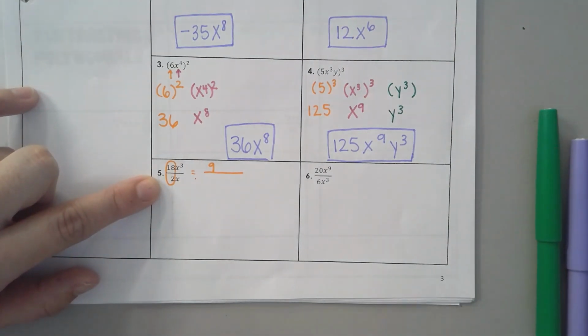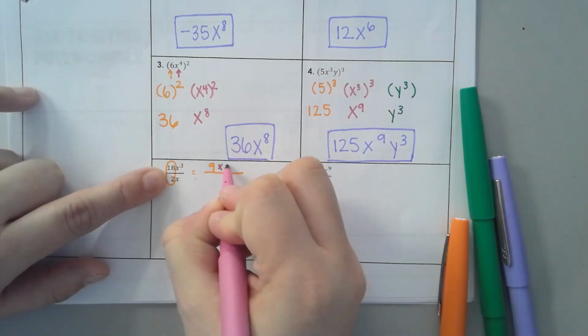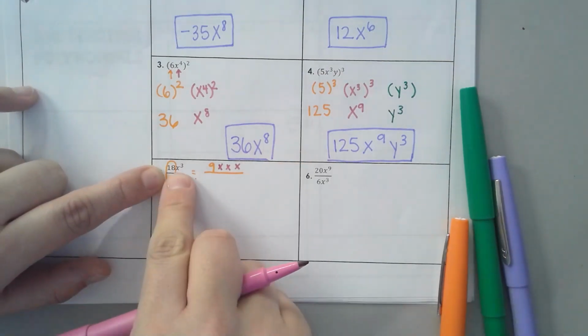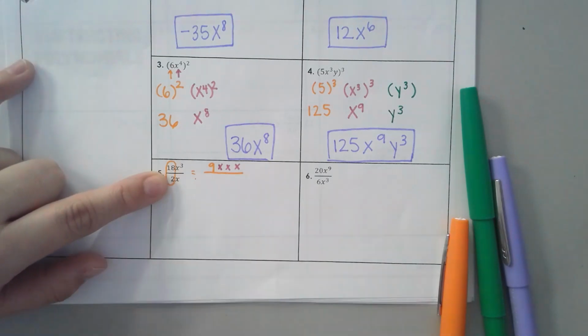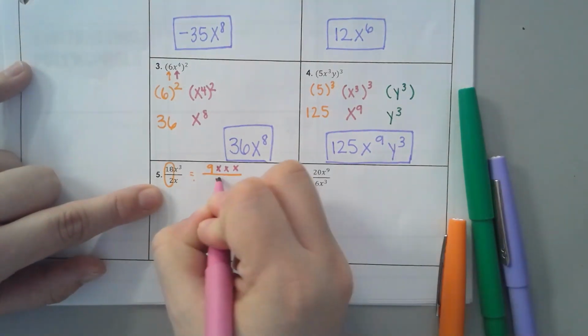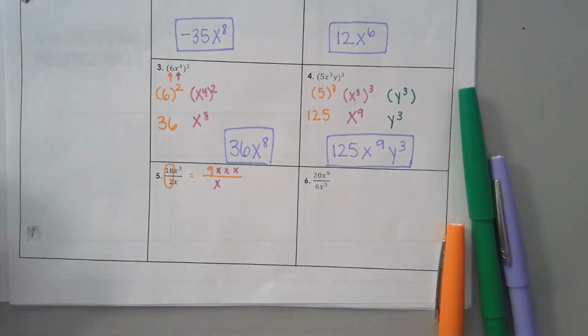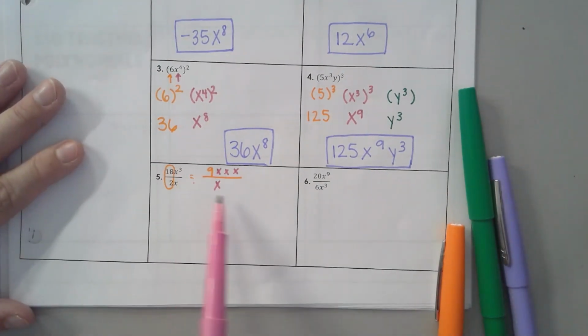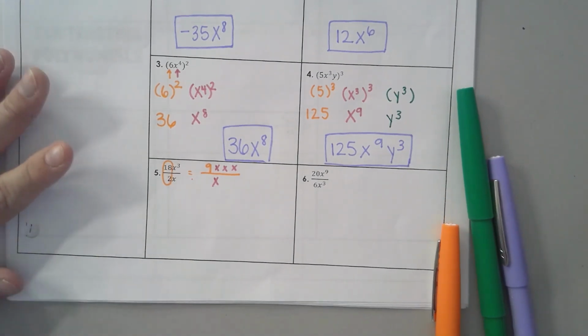And then I have x cubed on top, and on the bottom, I have an x. I don't expect you to expand it out every time, but we are going to do that a couple of times so you can see the pattern.